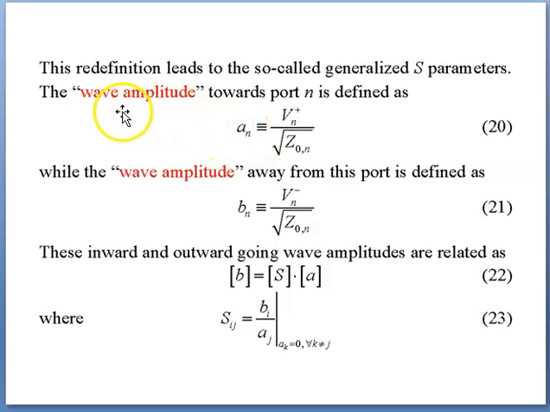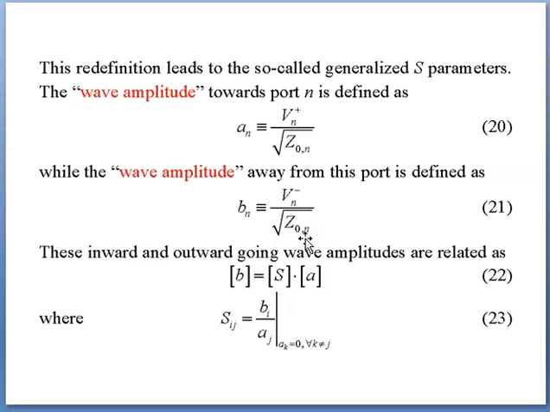Here An is the wave amplitude toward the port, the one that comes into the port. So you have An is equal to Vn plus over the square root of Z0n, and the wave amplitude that goes away, that comes out from the port, is defined as Bn is equal to Vn minus over the square root of Z0n.